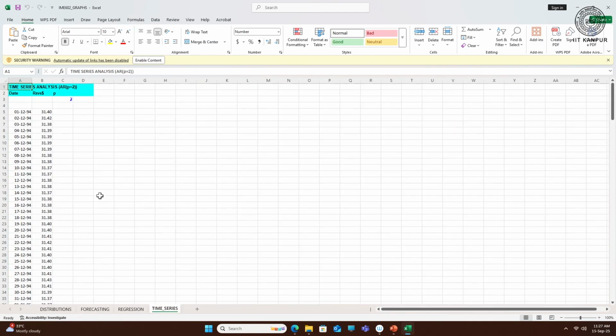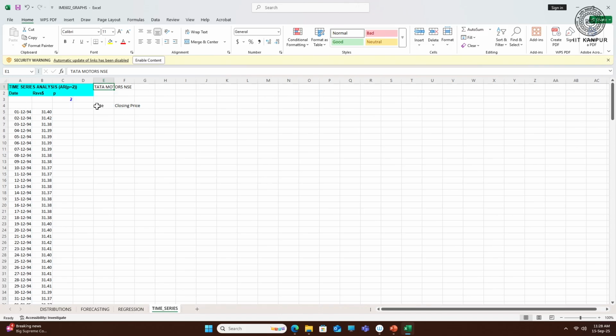If I go to the time series data, this is one of the time series which we will discuss, the dollar to rupee. I will take it for date, closing price, and this is Tata Motors in NSE.